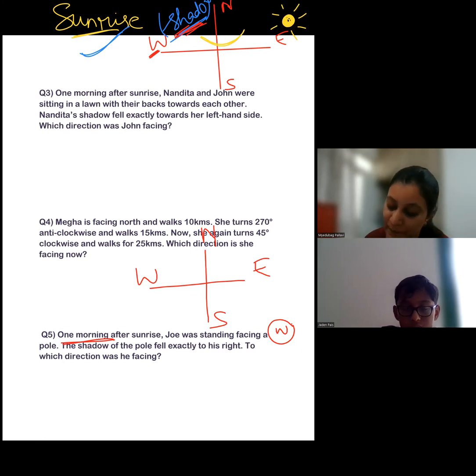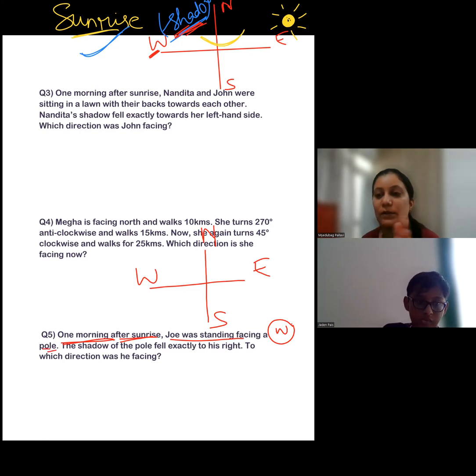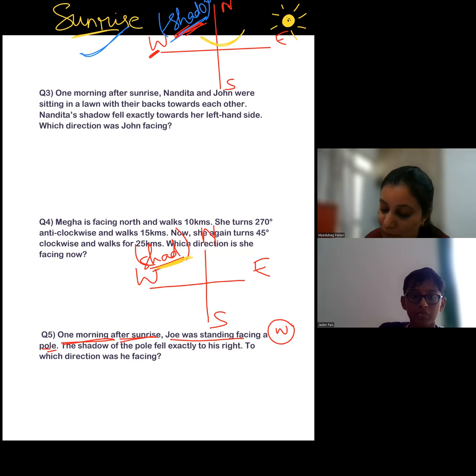Okay, let us see. One morning after sunrise, Joe was standing facing a pole. Okay, he's facing the pole. The shadow of the pole fell exactly to his right. So here is the shadow in the west, isn't it? The shadow of the pole is falling to the right of Joe.